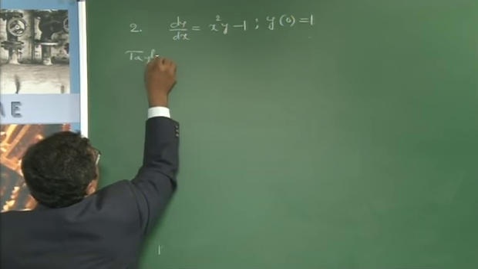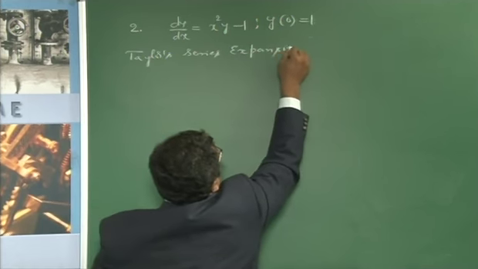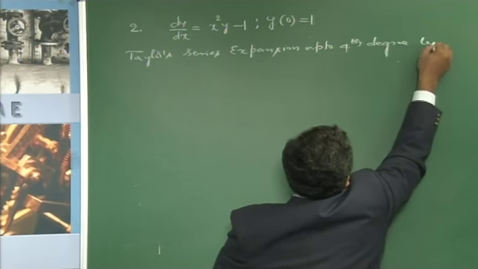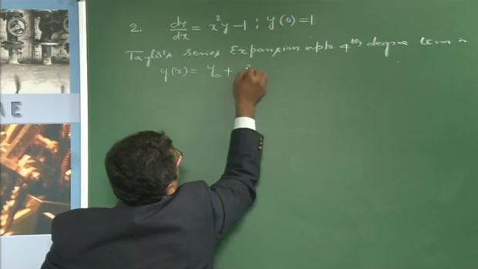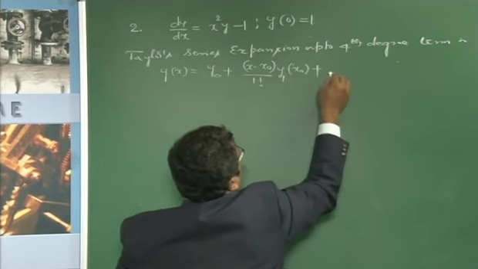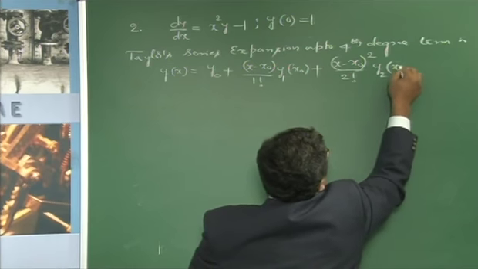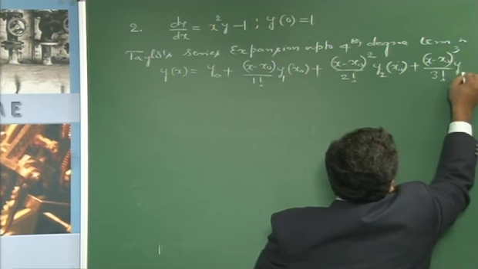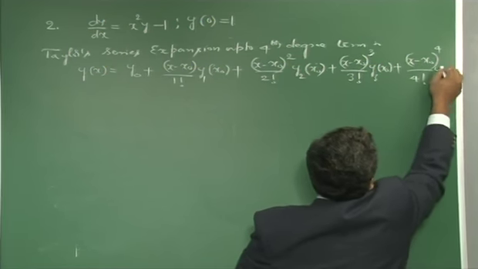Taylor series expansion up to 4-degree term is, that is y of x equal to y naught plus x minus x naught by 1 factorial y1 of x naught, plus x minus x naught whole square by 2 factorial y2 of x naught, plus x minus x naught whole cube by 3 factorial y3 of x naught, plus then x minus x naught to the power 4 by 4 factorial, that is y4 of x naught.